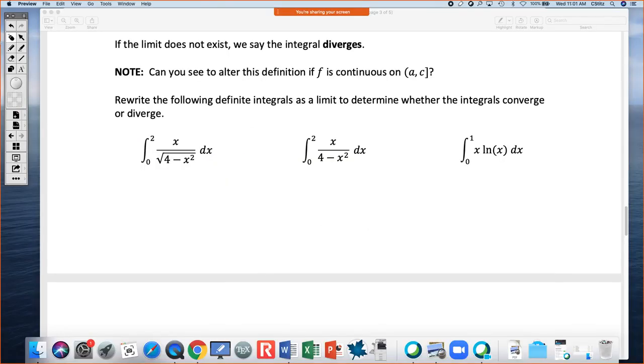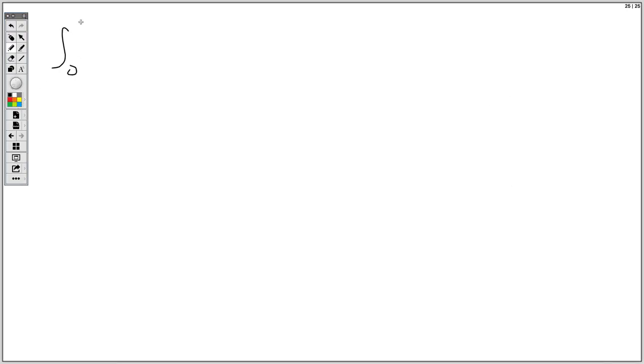Now let's compare that to this example, the integral from 0 to 2 of x over 4 minus x squared. So notice we just took the square root off. Let's see what happens. Well, we've got the same kind of issue we had in the last example.